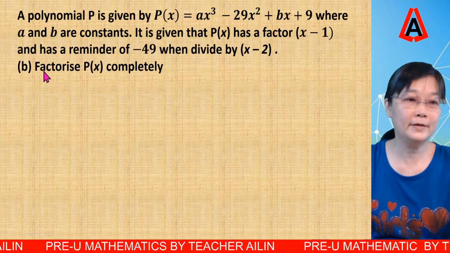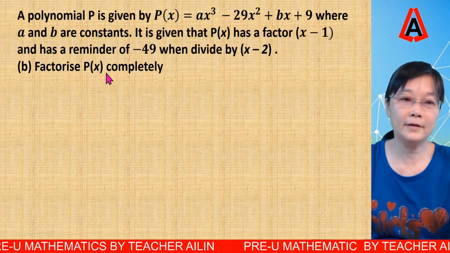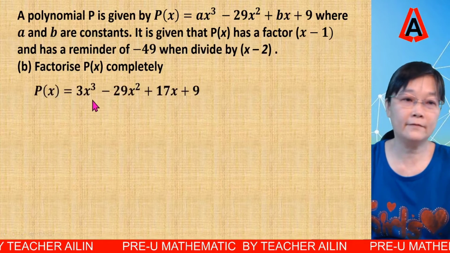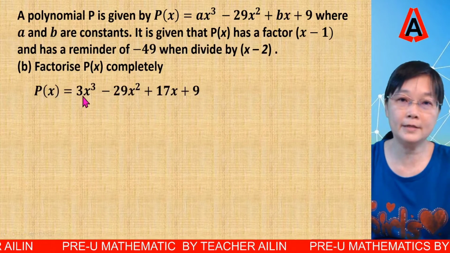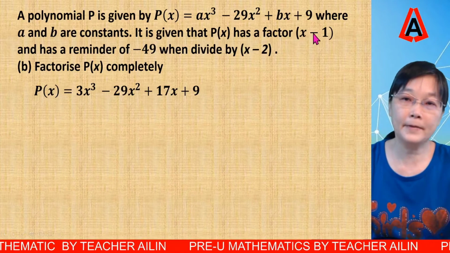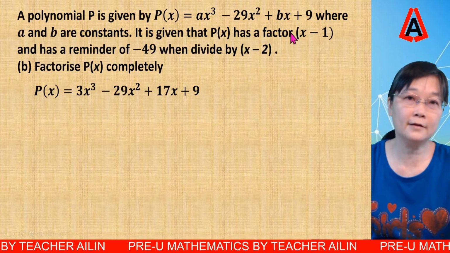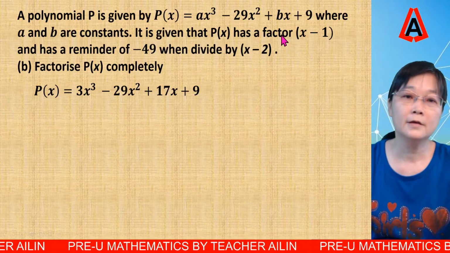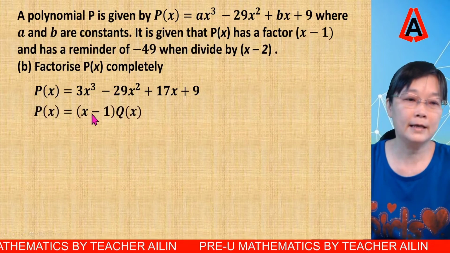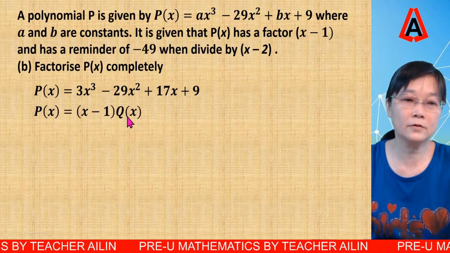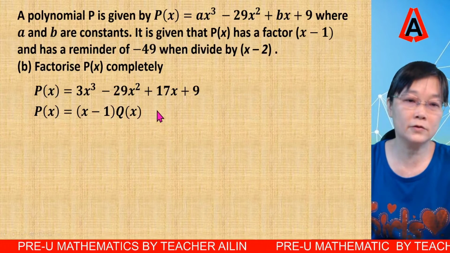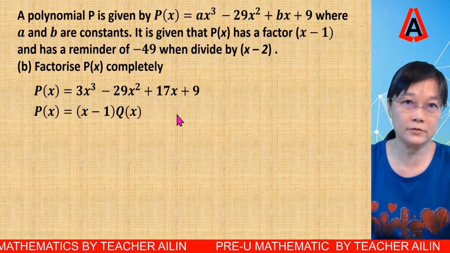Now question B, factorize the polynomial completely. So first, I substitute the values of a and b into the polynomial. Then, since x minus 1 is a factor of this polynomial, p(x) can also be written as x minus 1 times the quotient, and since x minus 1 is a factor, the remainder is equal to 0.